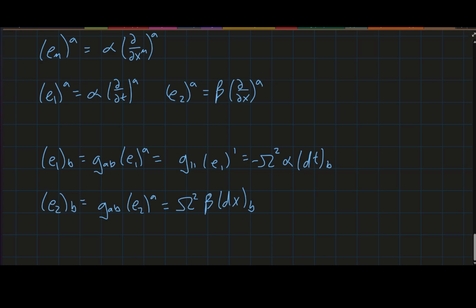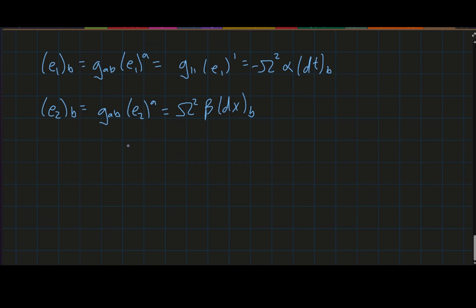And now we can figure out what alpha and beta actually should be by using this property here. We know that, let's say, E1A is supposed to equal delta A to 1, 1, for instance. So this gives us GAB times E1A, E1B.